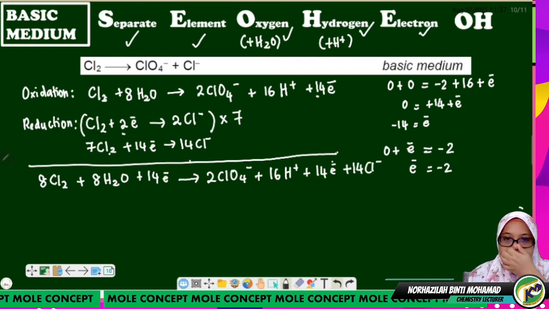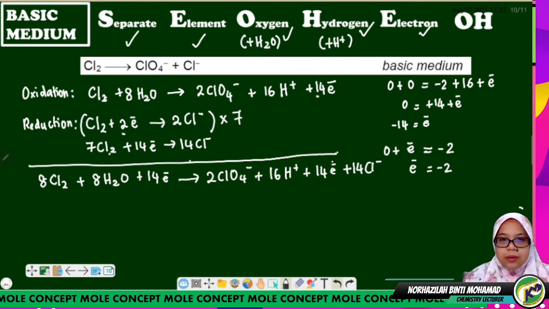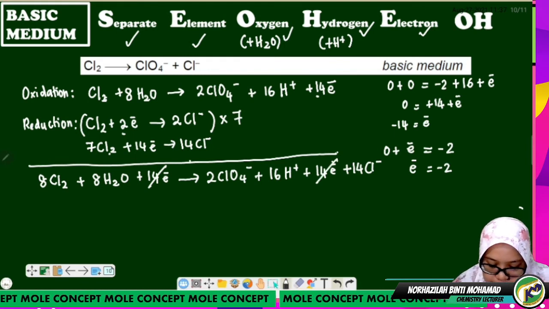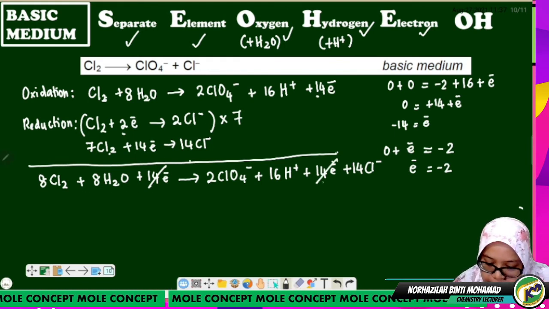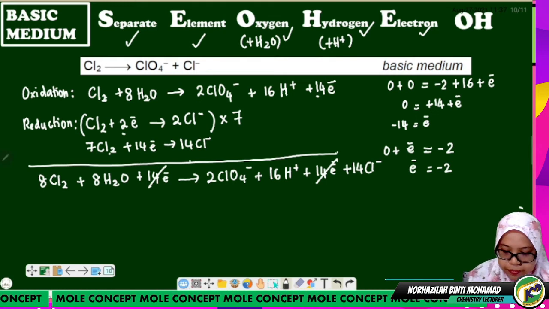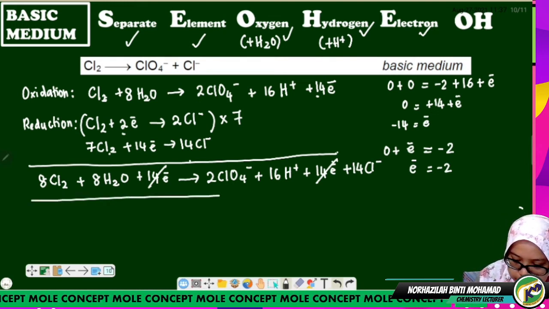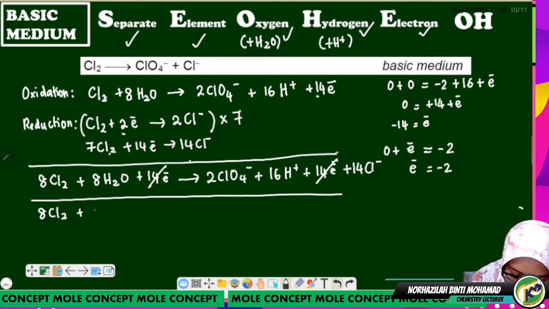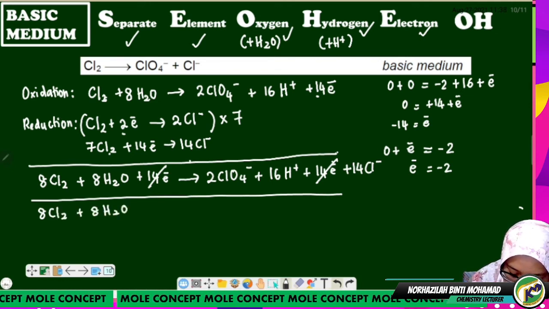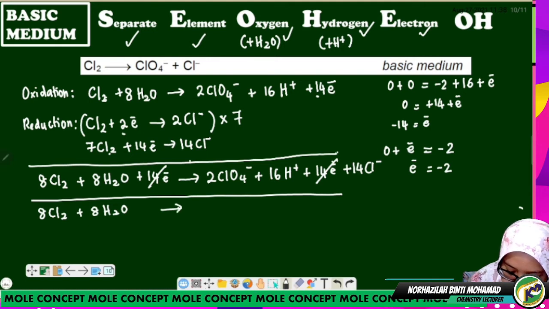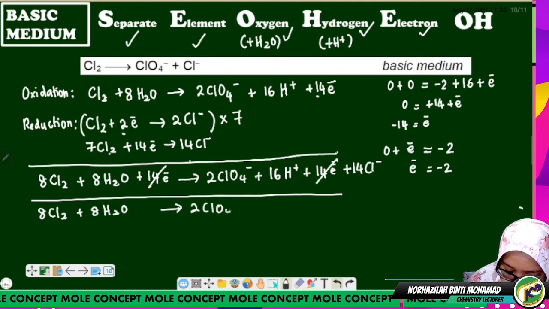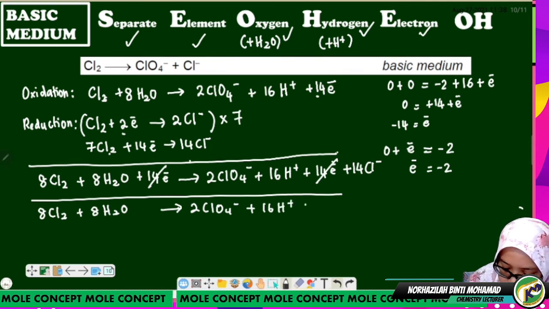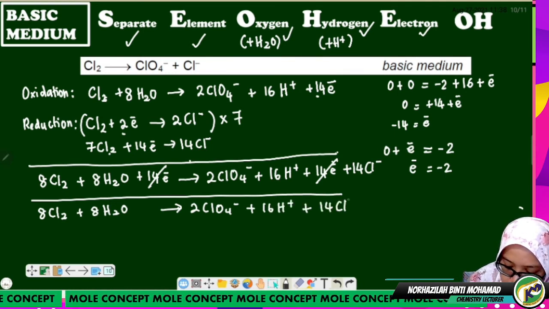So we cancel the species that appear on both sides. I have 14 electrons, we cancel them, and then there is nothing else. So I get 8Cl2 plus 8H2O produce 2ClO4 minus plus 16H plus plus 14 chloride.